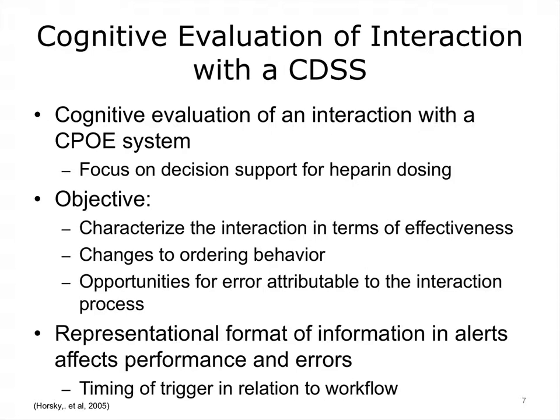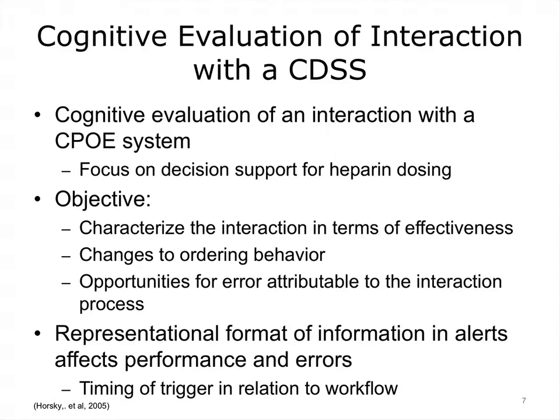We are now going to discuss a couple of studies that document problems associated with the use of CPOE systems and decision support. This first one is by Jan Horsky and colleagues. He studied the interaction with a particular CPOE system in order to characterize the interaction in terms of effectiveness, changes to ordering behavior, and opportunities for error attributable to the interaction process.